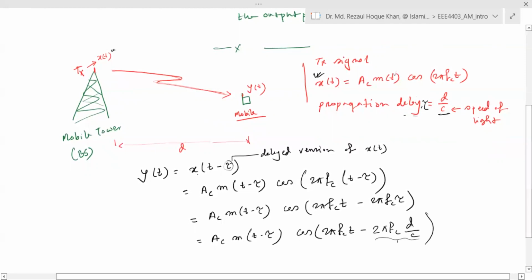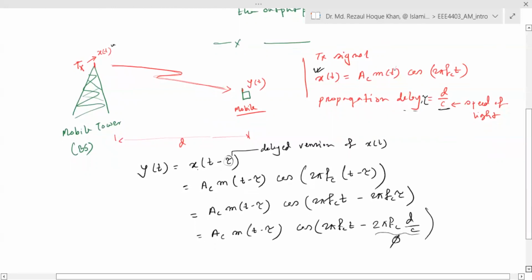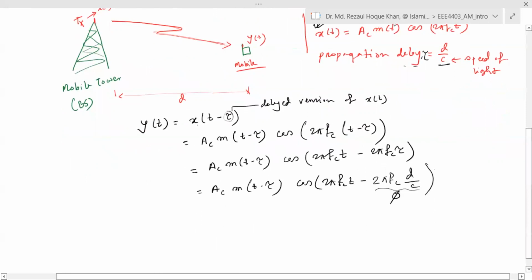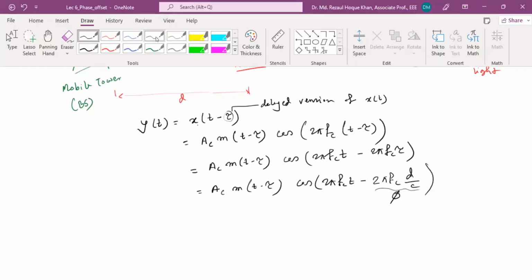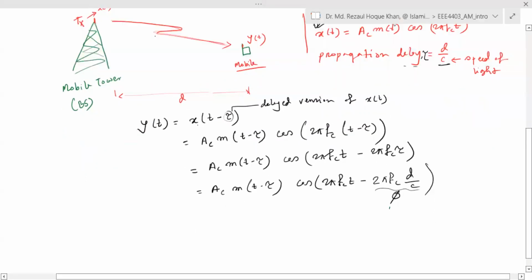This portion, 2 pi fc d by c, is nothing but the phase offset in our case. Phase offset.